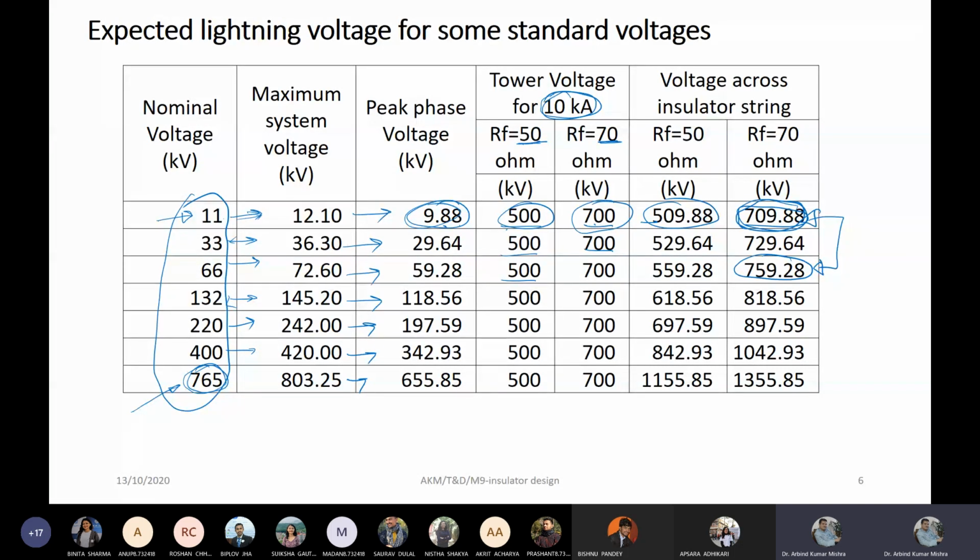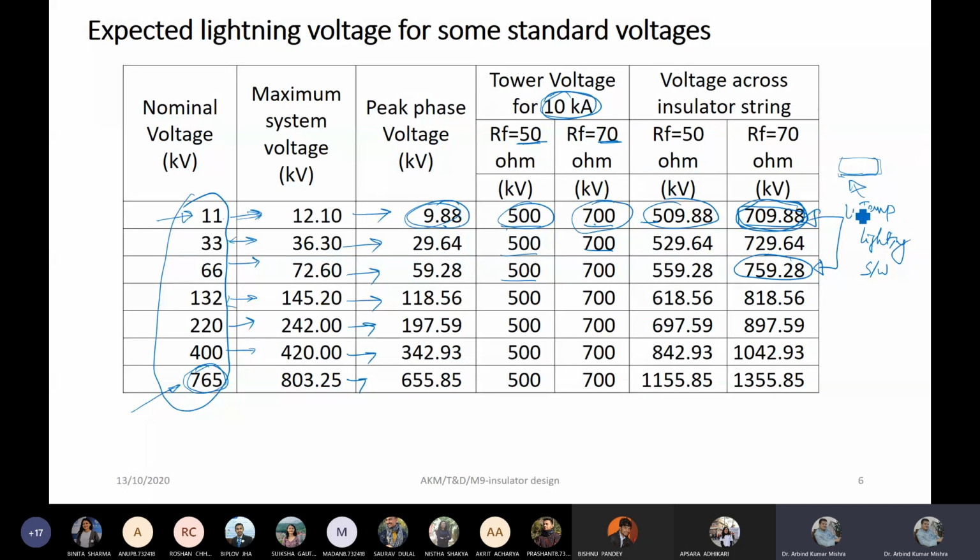If we have selected an insulator for any voltage level, it should withstand the maximum system voltage continuously, as well as the temporary voltage acting across it, the lightning overvoltage, and the switching voltage. So the insulator should be capable of all three.